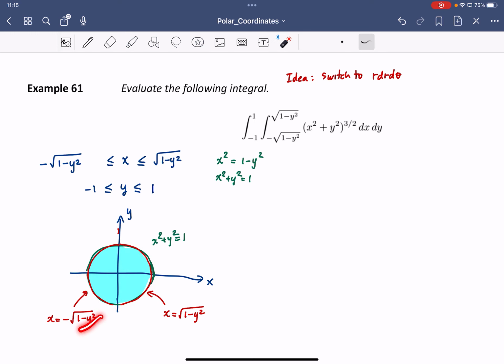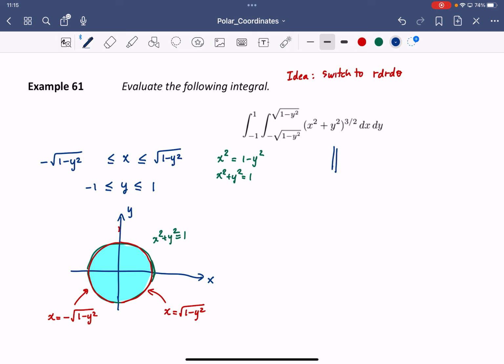The left one is this equation, the right one is this equation, and you slice this way from here to here, and then y starts from negative 1 to 1. It's perfect. So this is the picture that we want.